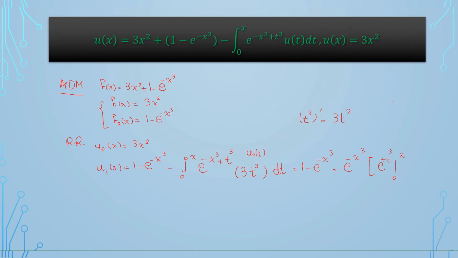Okay, and this is according to this law: when e raised to f of x is multiplied by f dash of x dx, we get the answer e raised to f of x plus c.